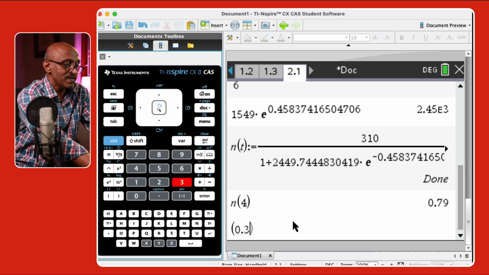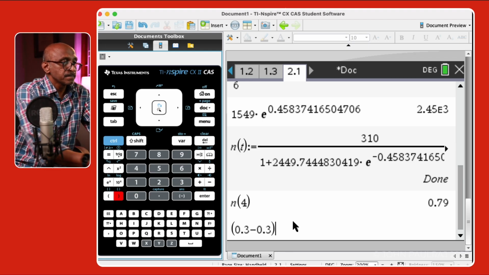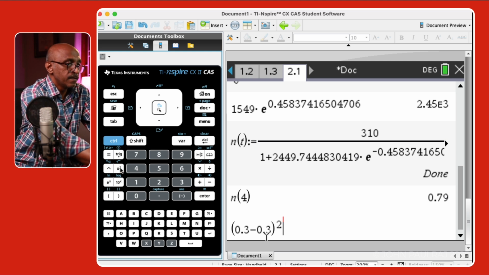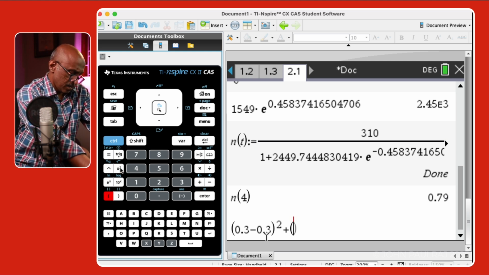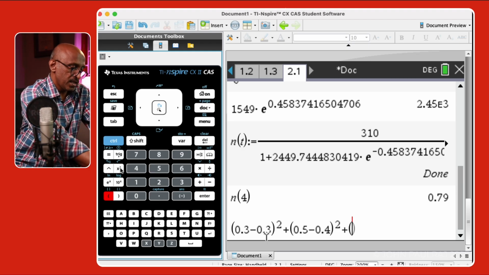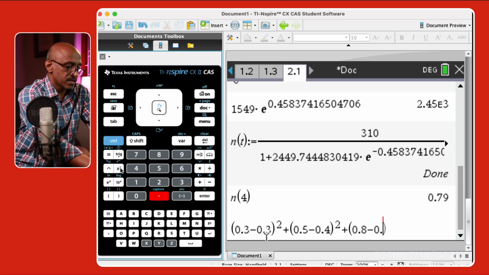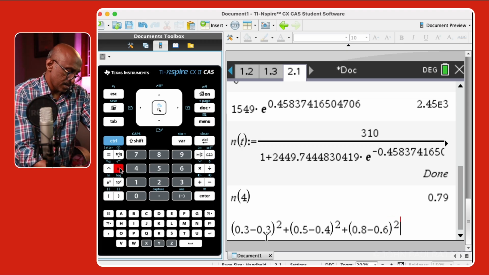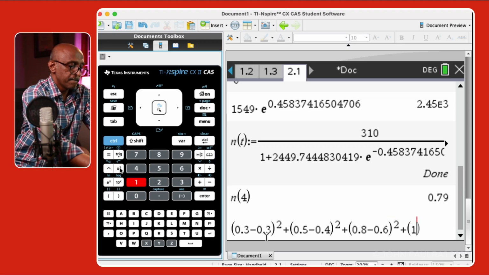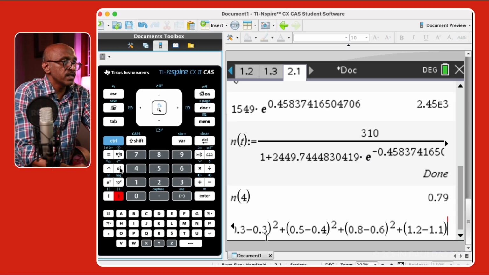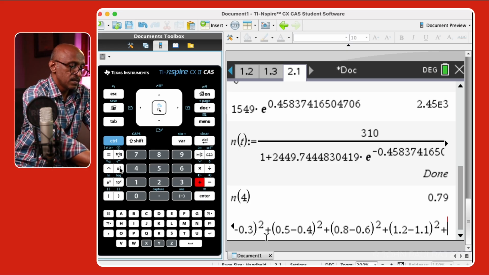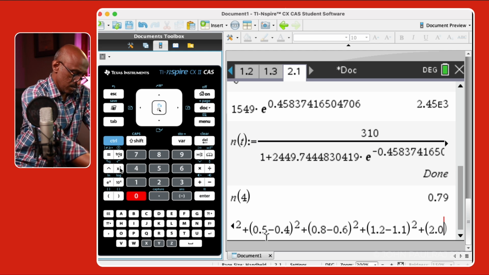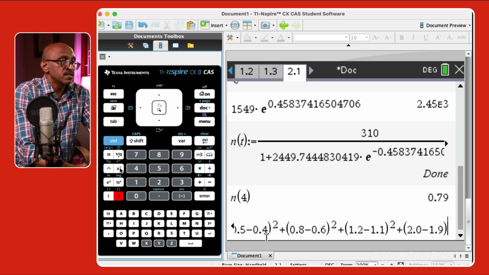Square plus 0.5 minus 0.4 square plus, what do I have, 0.8 minus 0.6 square of that, and plus 1.2 minus 1.1 and bracket square of that, and the last term 2.0 minus 1.9, and don't forget you're looking for the square of that.